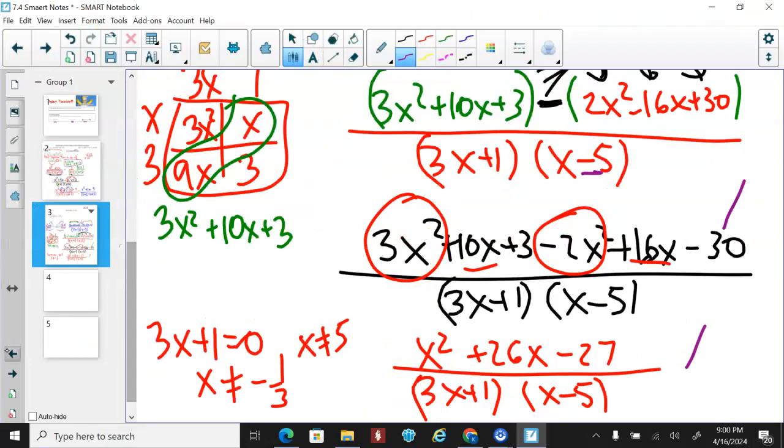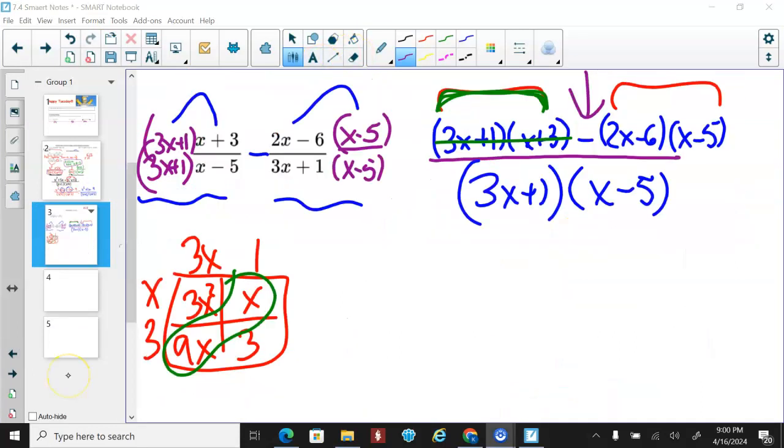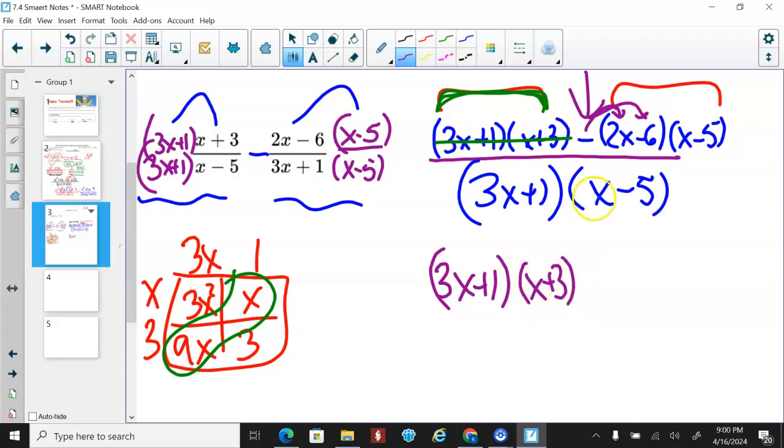Okay? Now, can I distribute this negative in first? Yes, I can. So let's rewrite this. 3x plus 1 times x plus 3. Plus, now, if you're distributing the negative, you're changing it to an addition. Negative 2x plus 6. It only distributes to the first parenthesis, then the negative is in the front. And then the second parenthesis stays the same.